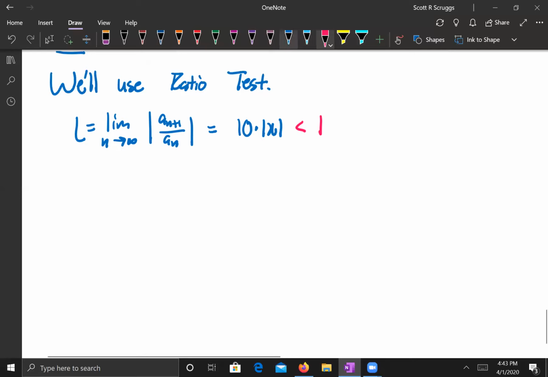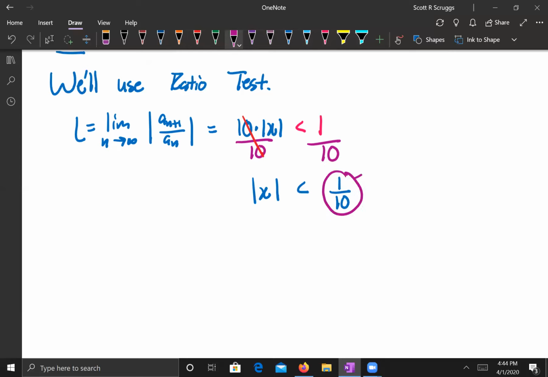And so because I have that coefficient of 10, I'm going to divide both sides by 10. And I will get absolute value of x less than 1/10, which means that 1/10 is the radius of convergence.